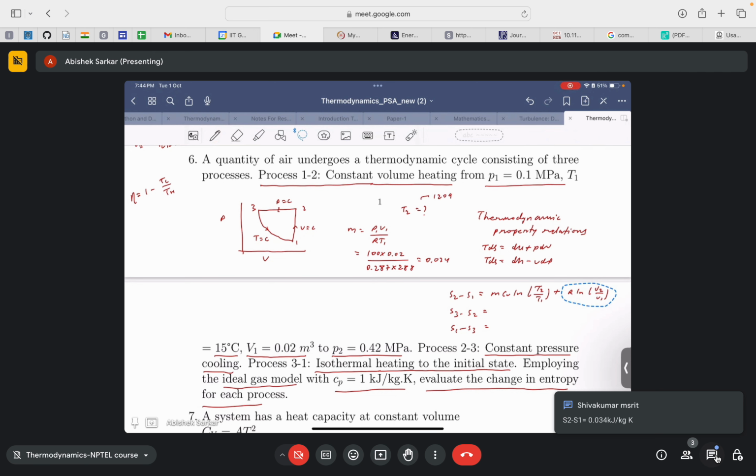So we will get 0.034 kilojoule per kg Kelvin.